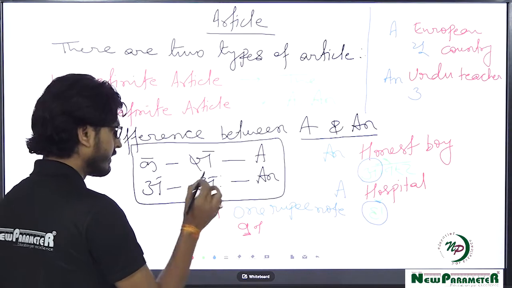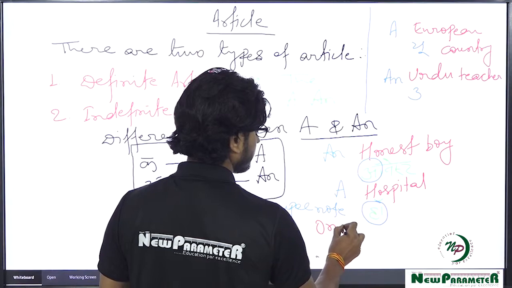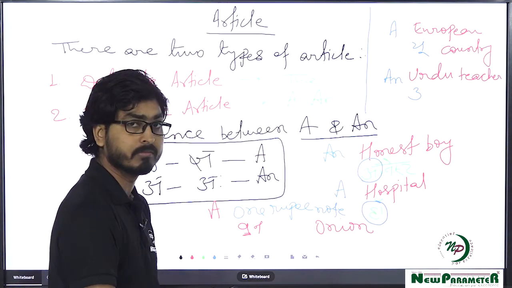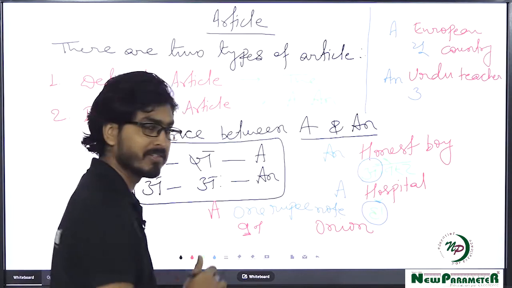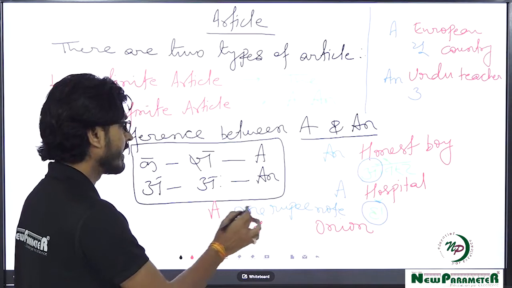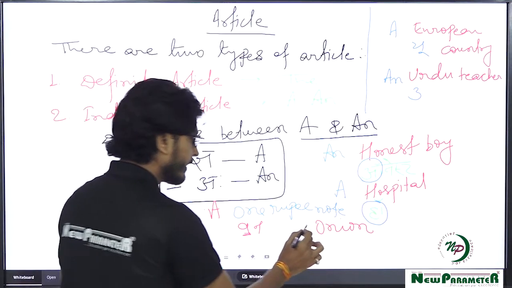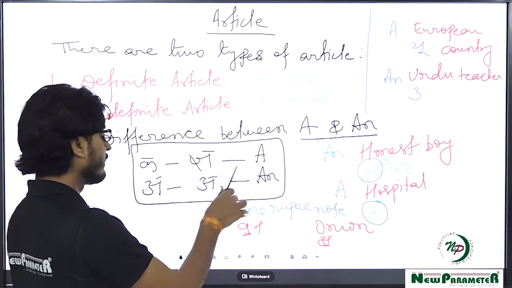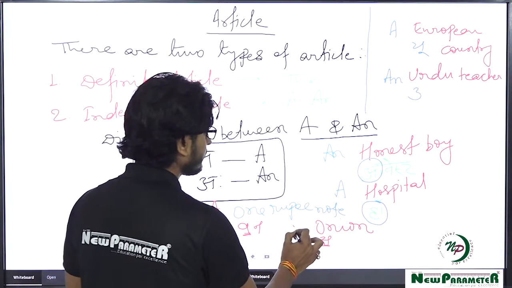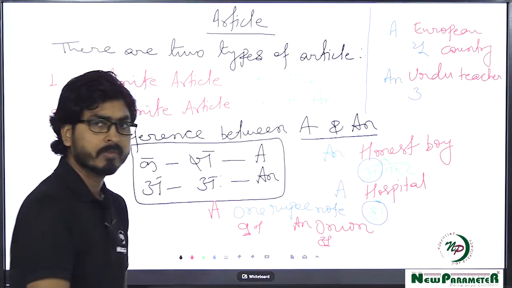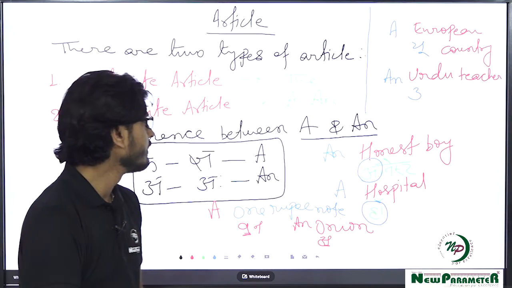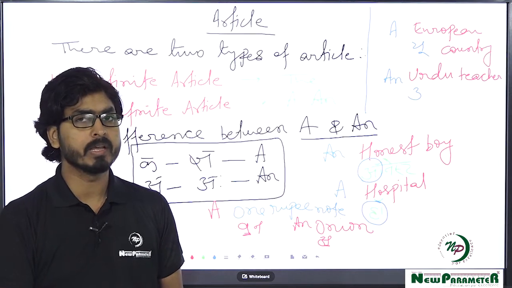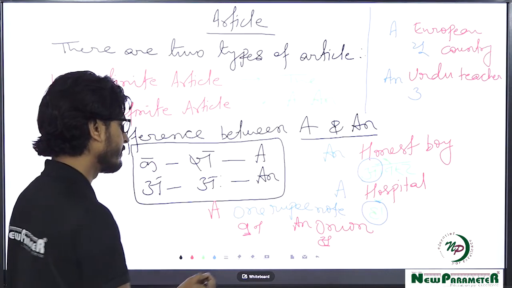But if it is written onion, nowadays it is very, yes, you're just getting what I'm telling you. Onion. If I write onion, the first letter is o, between a and aa. So we go for an onion. So it is very easy to identify where we can put a and where we can put an.